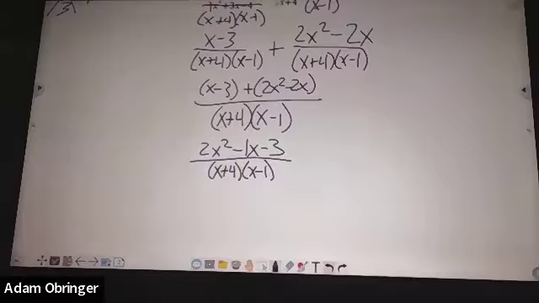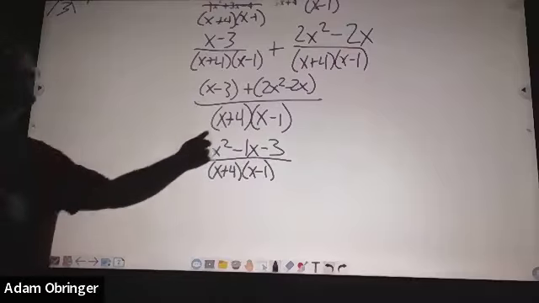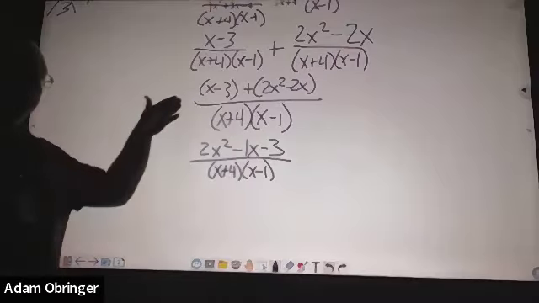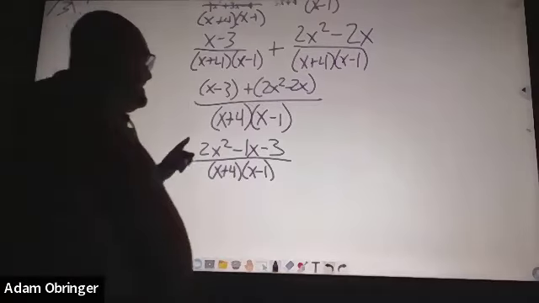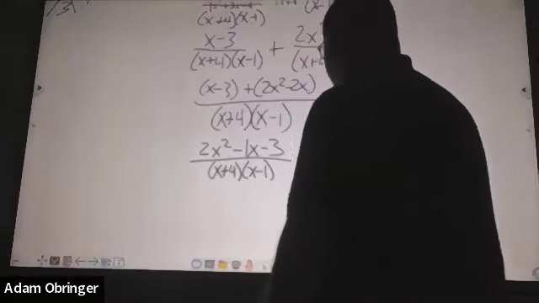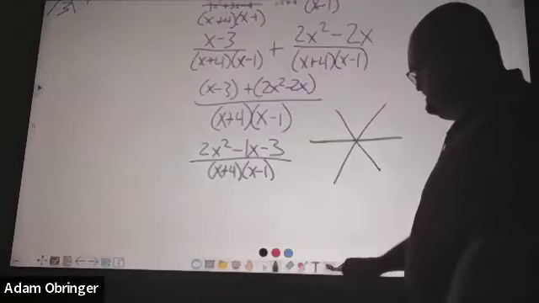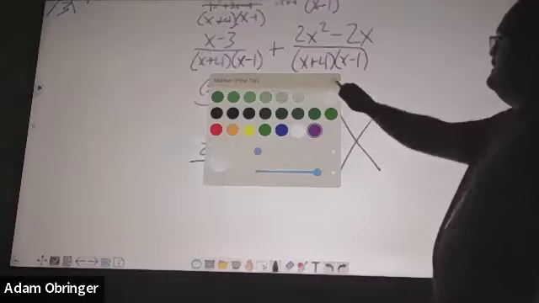The last thing you should do in a problem like this is to check to see if the numerator factors, because if it does, we may be able to cancel something. So I would think that our best process for that would be an asterisk. Where are you, green?